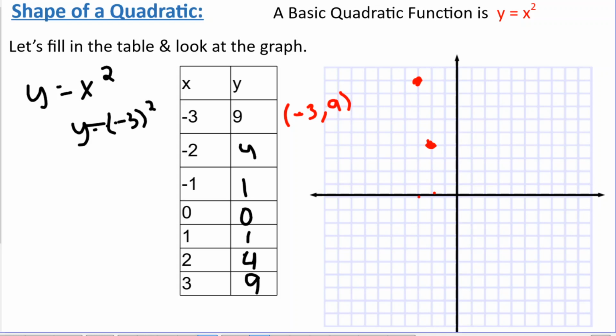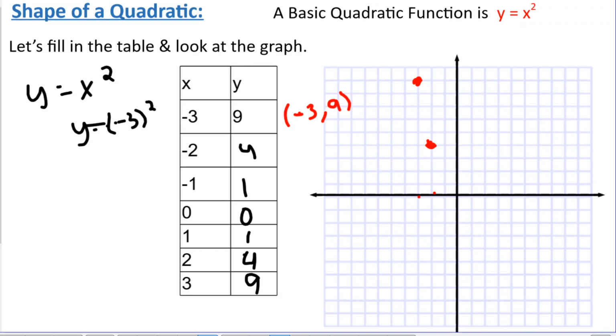So notice we get this interesting effect where the numbers start to repeat themselves. That's because when I square a negative number, I get the same result as when I square the positive version of it. I can't get a negative result when I'm squaring a number, because negative times negative gives us positive, or positive times positive gives us positive.